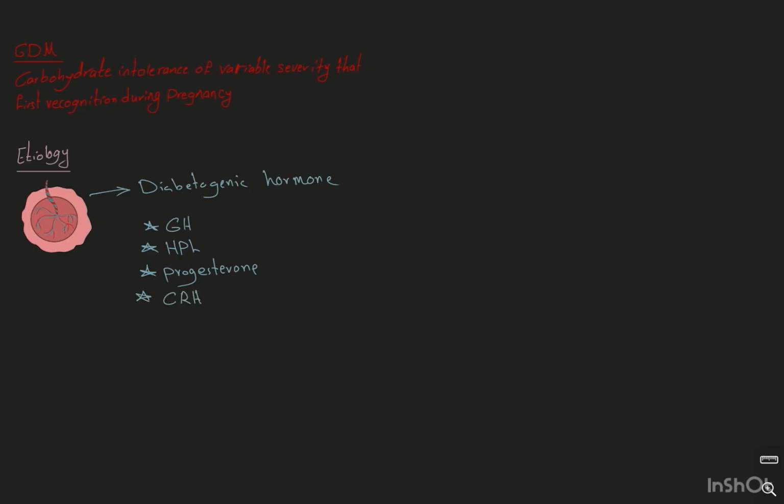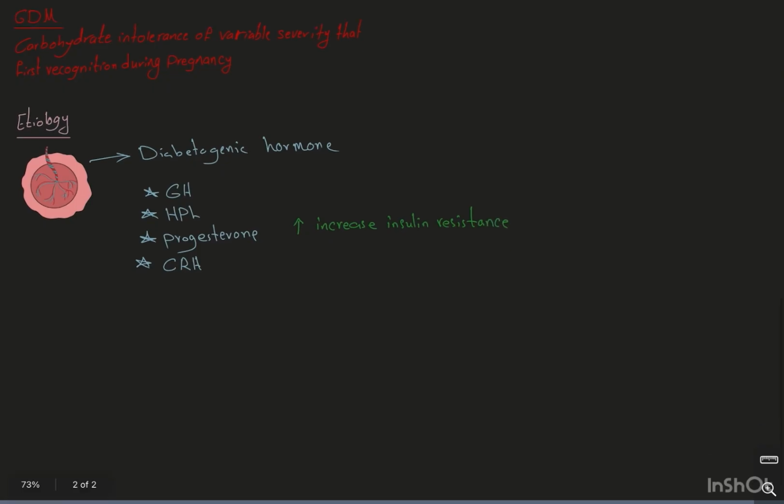So these will try to increase insulin resistance. One of these hormones will do another job, which is to increase insulin amount by stimulating the beta cells of the pancreas.